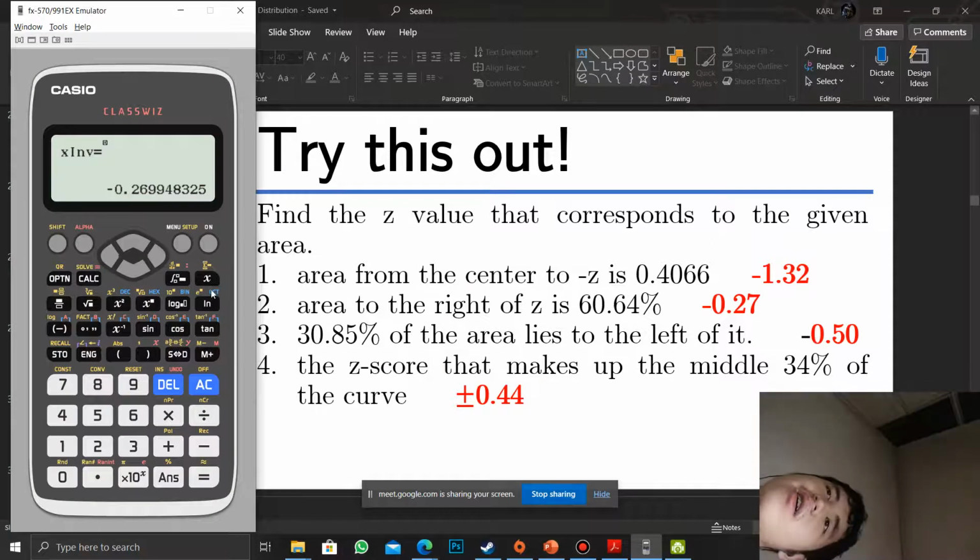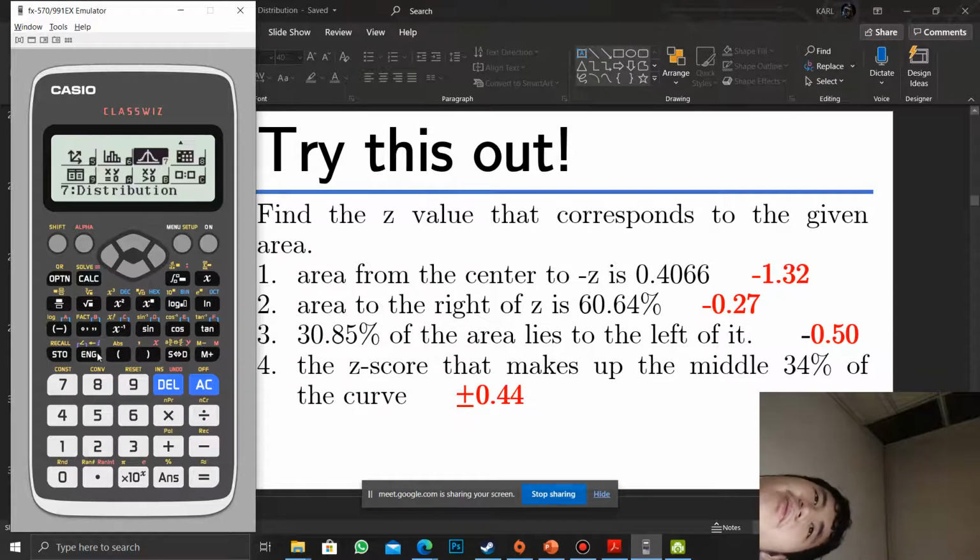Okay, next. Number 3, 30.85% of the area lies to the left of it. 0.3085. Negative 0.5. And lastly, the z-scores that make up the middle 34% of the curve.